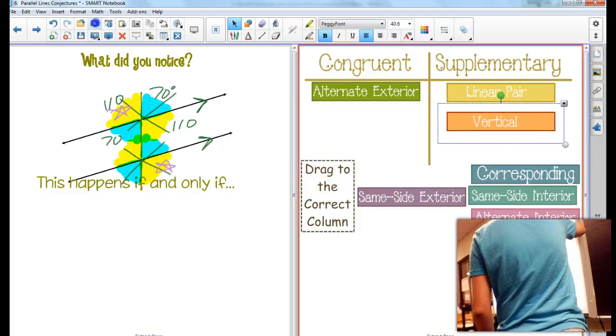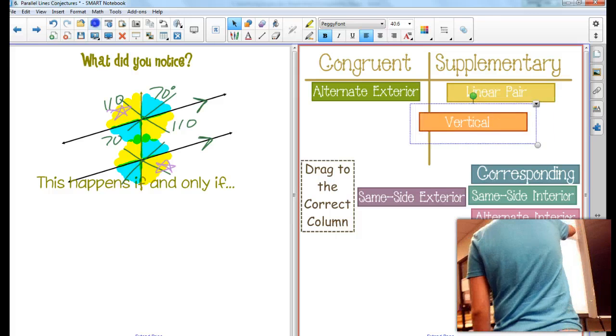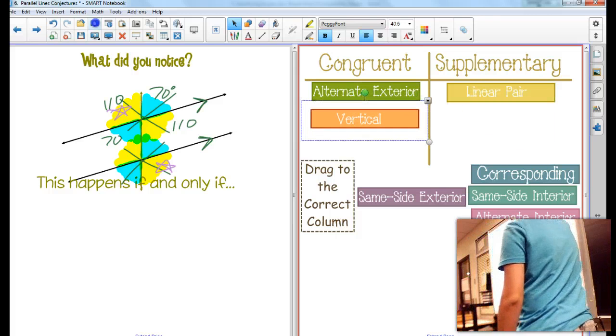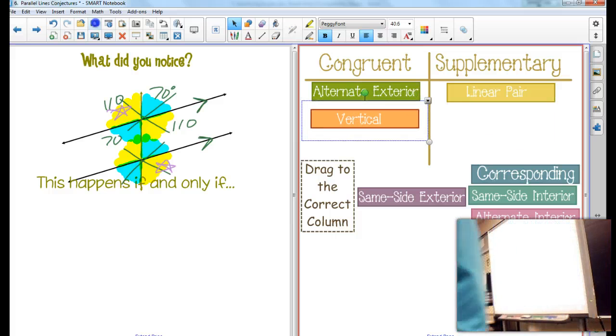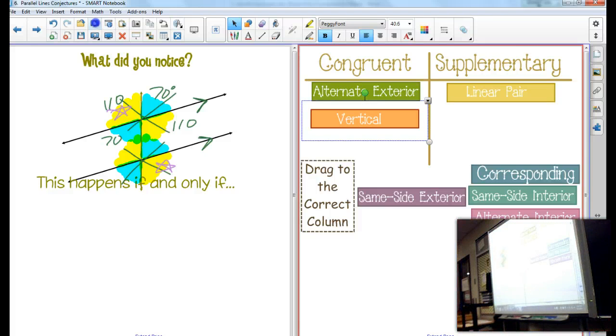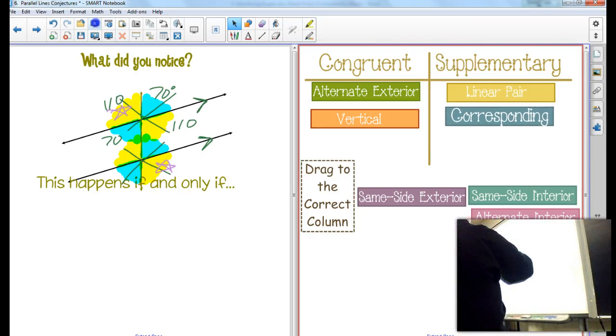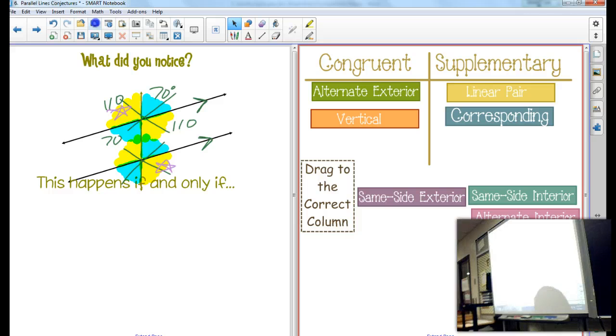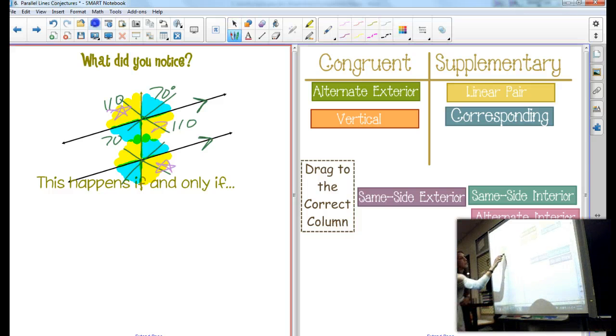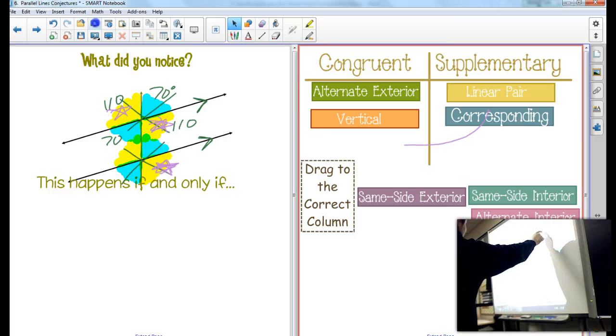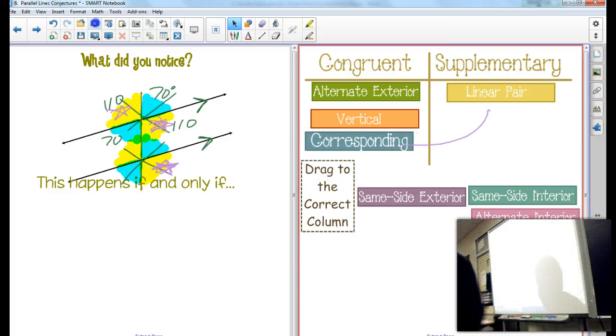Look at the picture. Are vertical angles congruent or supplementary? I think congruent. The corresponding angles would be like this one and this one. Oh, sorry, I had to put the pin down first. Look at the picture.